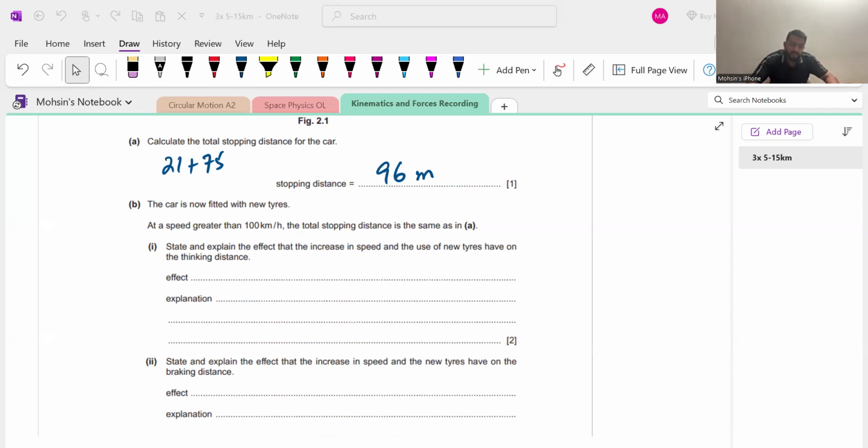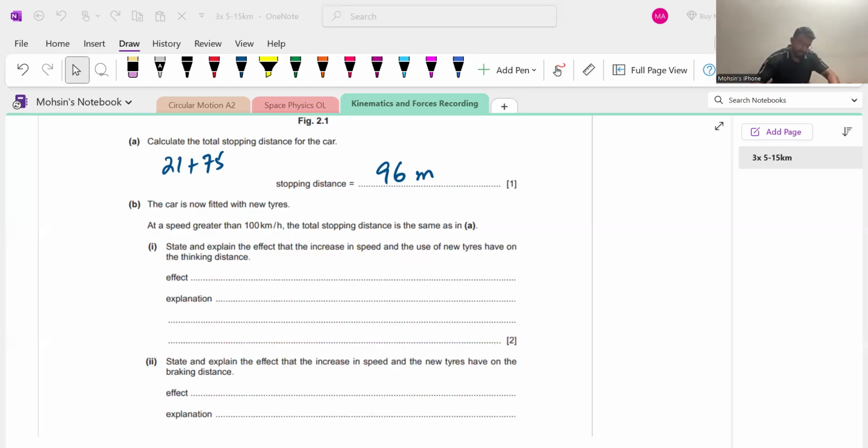Thinking distance is all about the driver and the speed of the car initially, before the brakes are applied. Obviously, when the car is moving at a slower speed, it will cover less distance before the brakes are applied. And if it is moving at a higher speed, while the driver is thinking before the brakes are applied, the car will cover more distance because it has more speed.